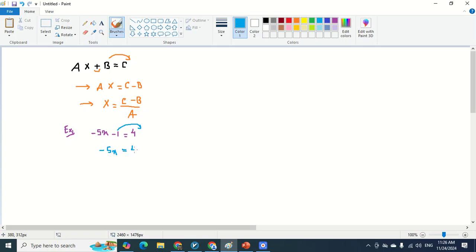So we have 4 plus 1, and 4 plus 1 is equal to 5. So we have minus 5x equal to 5. Now, to evaluate the value of x, you should divide both sides by minus 5. If you do that, x will be 5 over minus 5, or minus 1. So in this way we can solve a linear equation, or an equation of first degree.